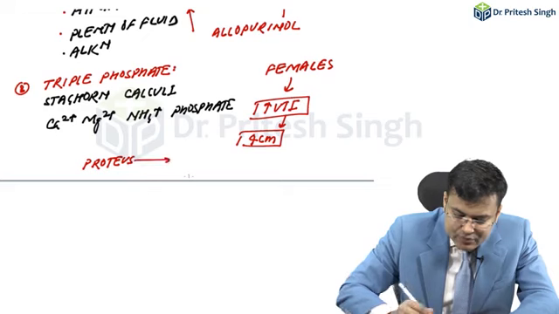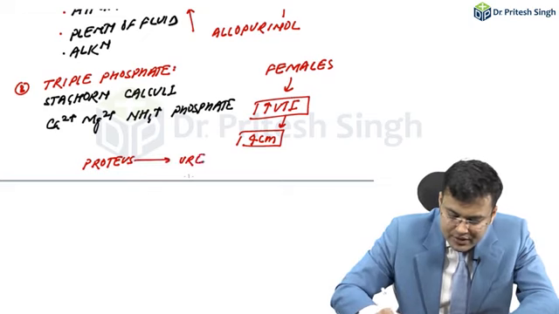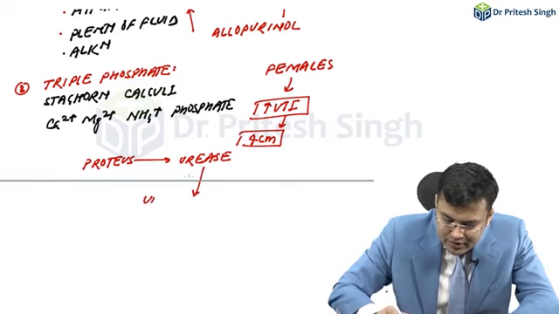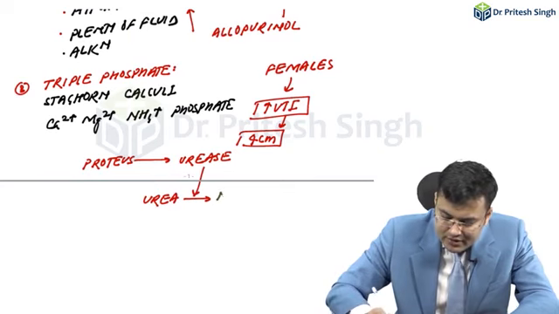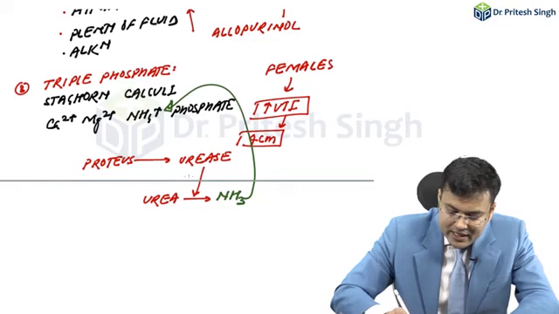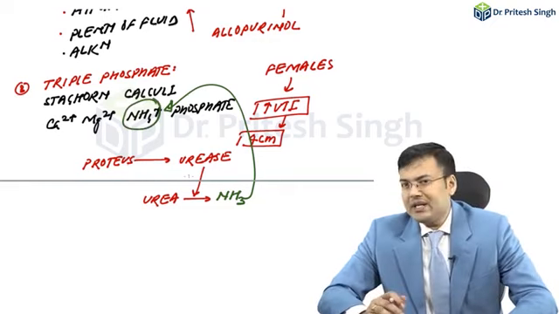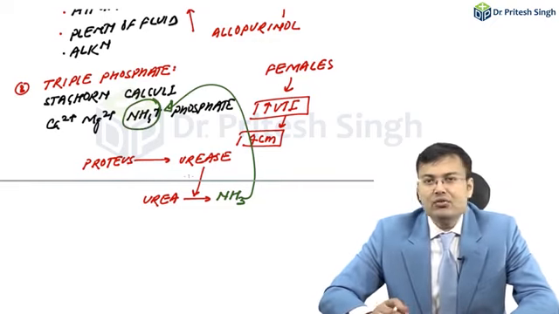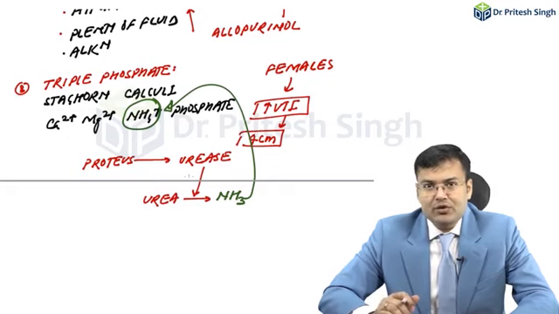What's that organism? Proteus. Proteus produces urease, and this urease is going to convert urea into ammonia, and this ammonia is precipitated with calcium, magnesium and phosphate, leading to formation of triple phosphate stone.